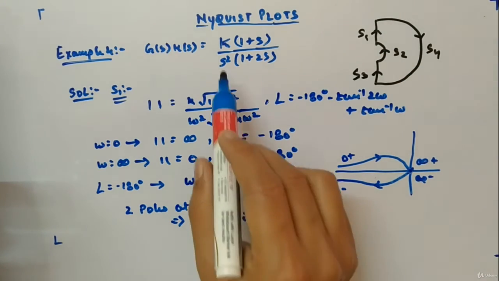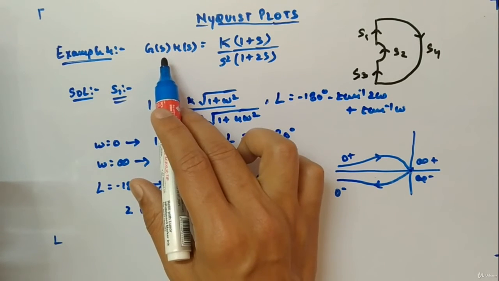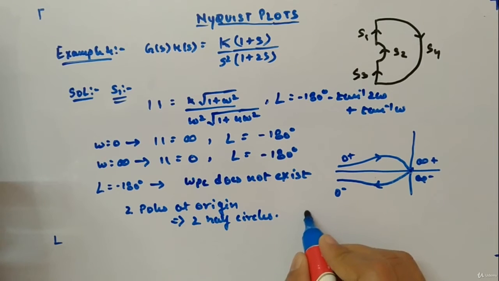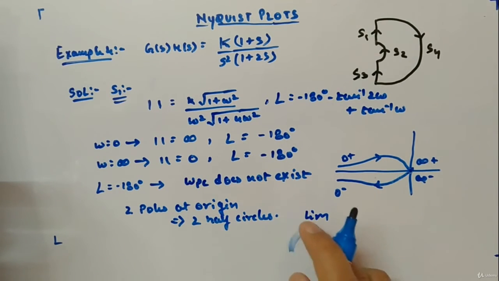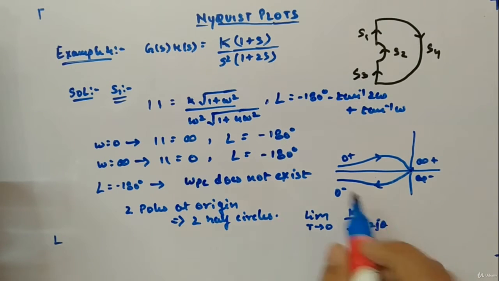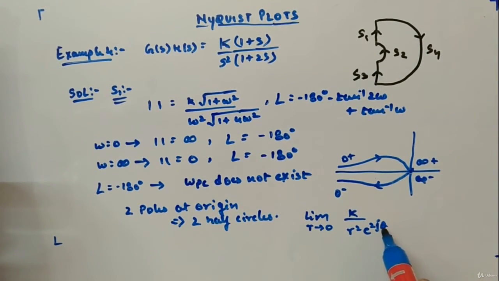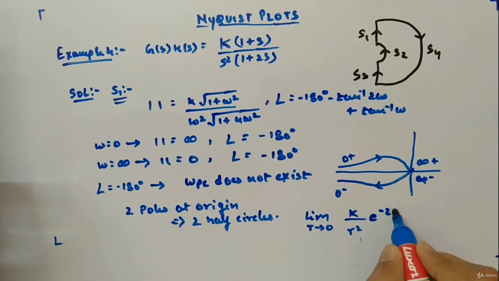So if I plug in r e to the power j theta at the position of s, what I get is the limit r tends to 0 of K upon r square e to the power 2j theta. The rest of the terms will be cancelled because they are very small compared to 1. Now if the contour goes from minus 90 to plus 90, this whole term can be written as a constant, and if you bring it above, you can write it as 2j theta.